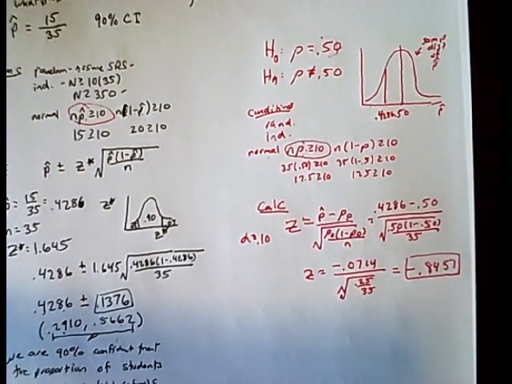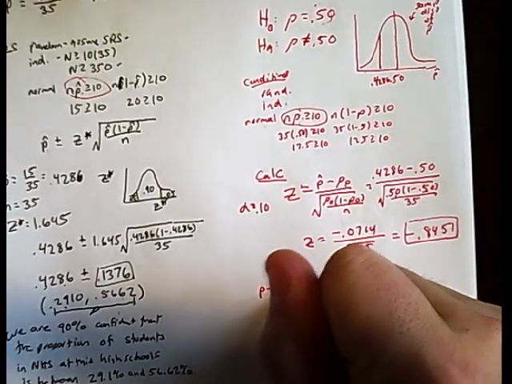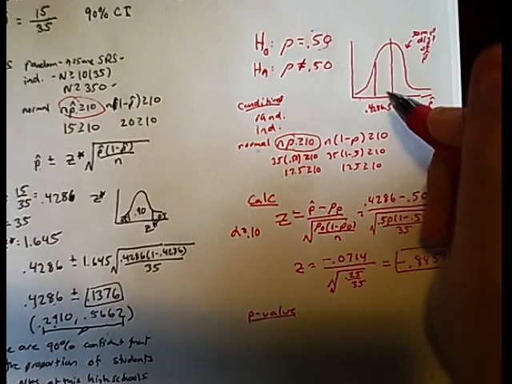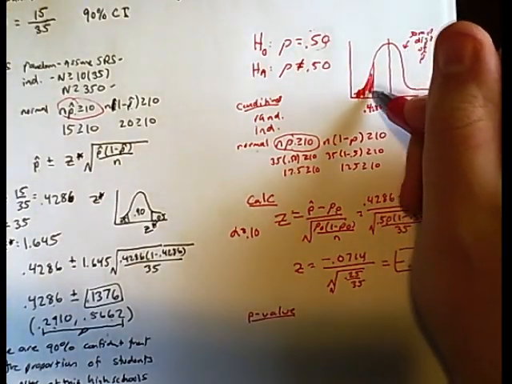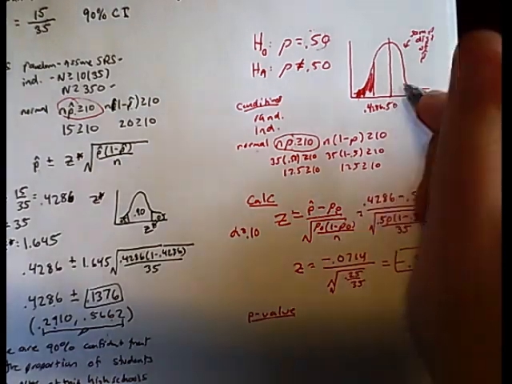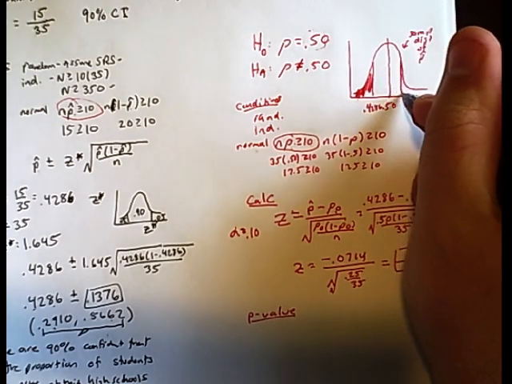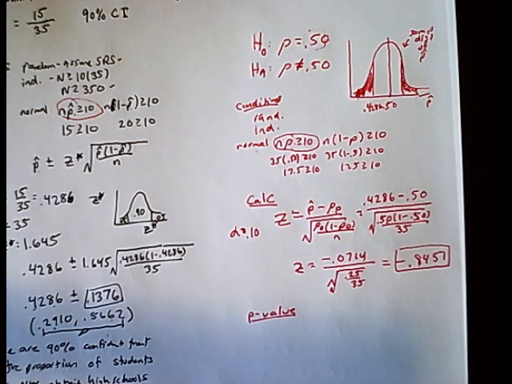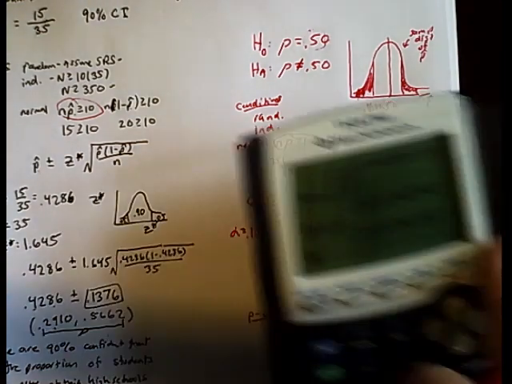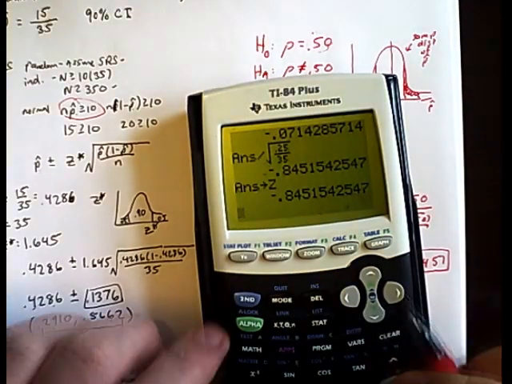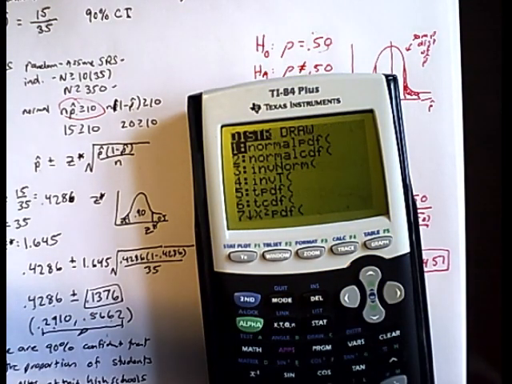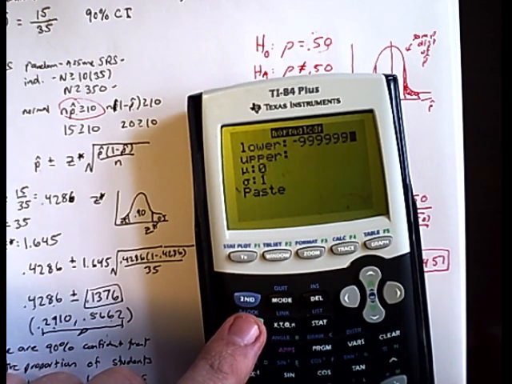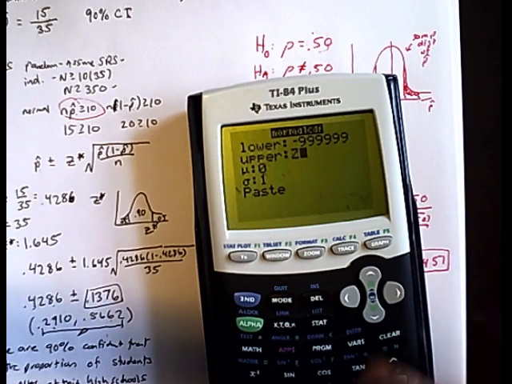Now we have to find the p-value, or the probability that we get a sample proportion that extreme. So I need to take this area, but I have to remember that I have to double it, because this is a two-sided test. If I'm thinking about the left tail area, I can go to normal CDF, and I can go from -infinity all the way up to my Z value.